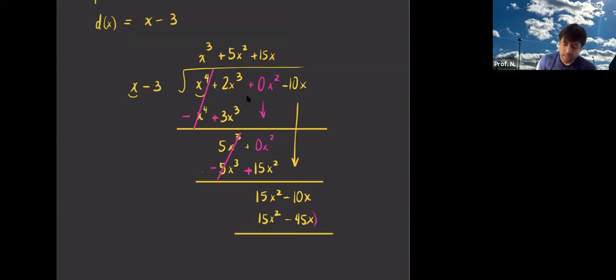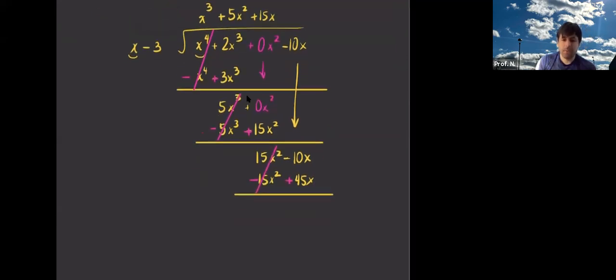I need to distribute that negative sign. And what am I going to do now? This becomes a minus. This becomes a plus. The 15x squareds cancel. Minus 10x plus 45x is 35x. Still, the degree is the same.